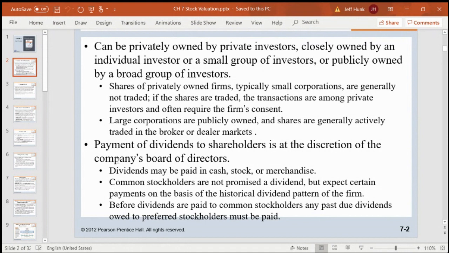That means how many shares were issued? $10 million divided by $10, so 1 million shares were issued. Makes sense? 1 million shares, and $10 the book value, at time zero when the stocks were issued.